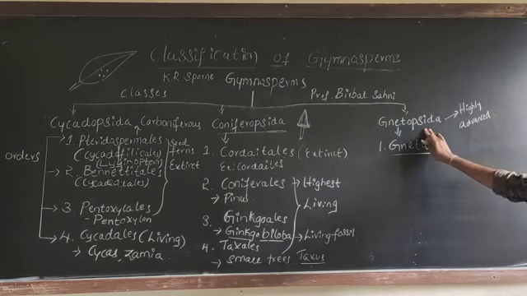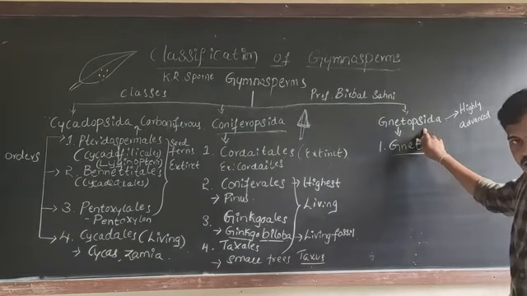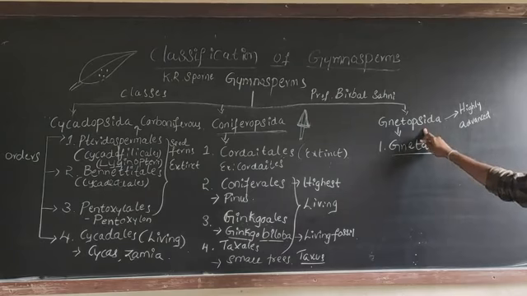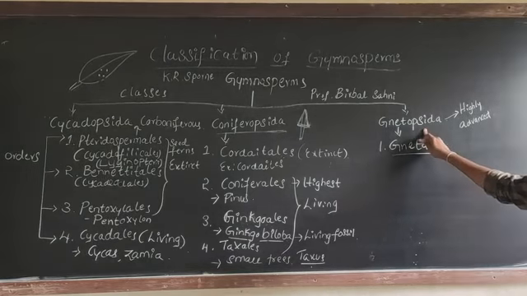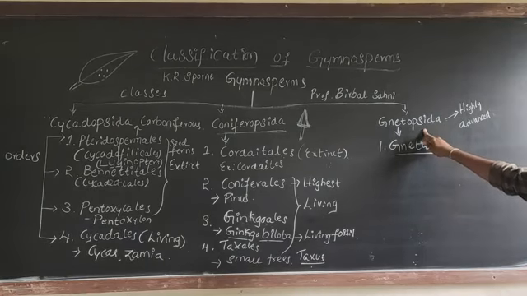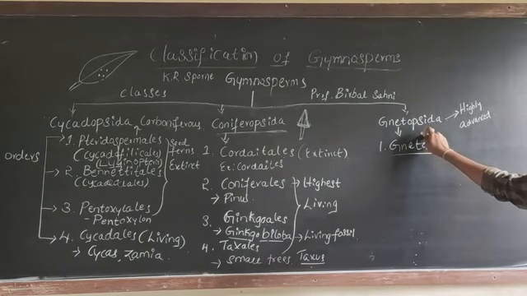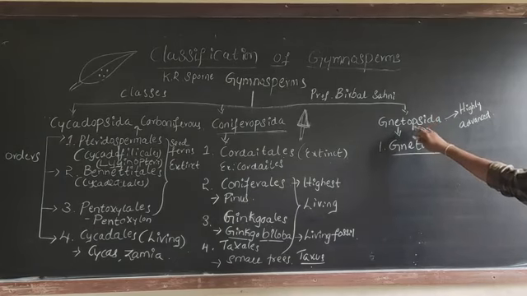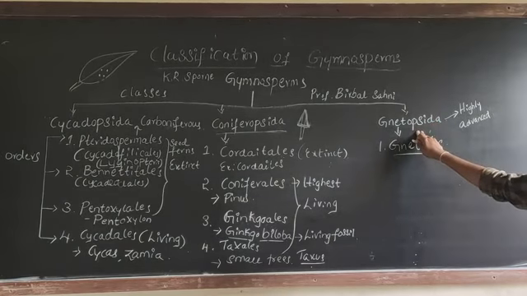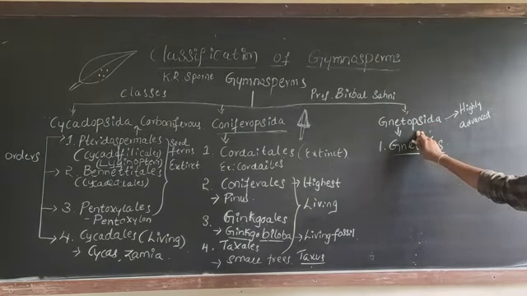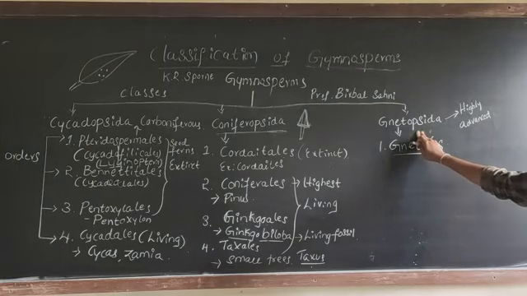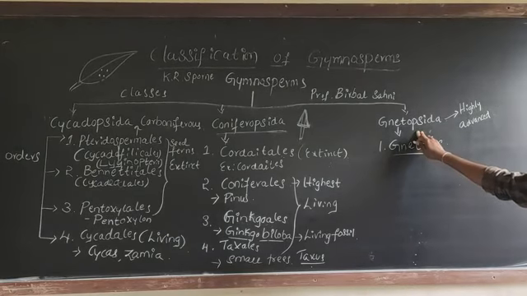In gymnospermic plants, if you consider the xylem and phloem vascular tissues, you will find both xylem and phloem. But xylem vessels are absent, and in phloem, companion cells are absent.